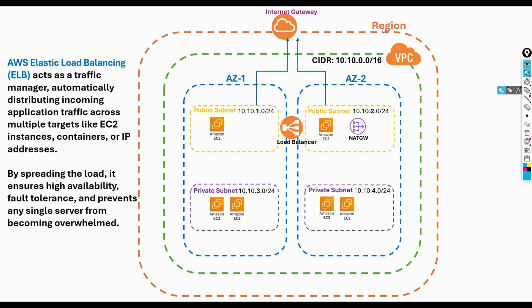So one region contains at least 3 AZs, but for simplicity, I have shown you here 2 AZs. So the load balancer resides in the VPC and it provides high availability and fault tolerance, dividing traffic among all the servers behind it. So those servers can be part of multiple AZs.